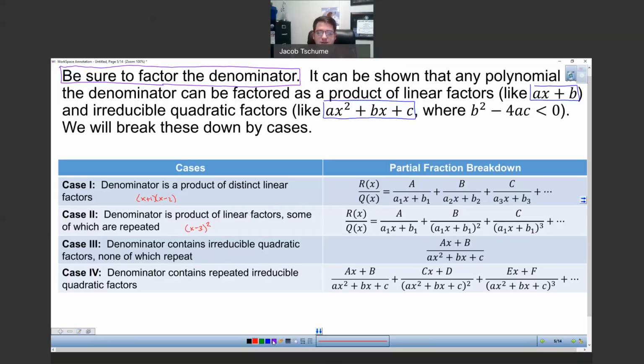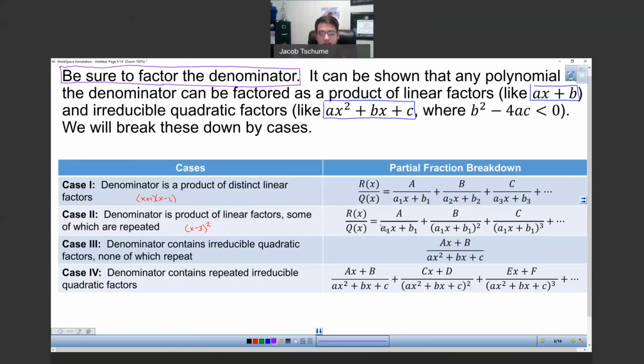Now, the only difference you will have to worry about here is that if it's repeated, you have to include every term starting at 1 up to the power of the repeated factor. So if it was a squared term, you would need 2 fractions to break that down. If, for example, it was an 8th power, which we will not do, you would have to do 8 fractions to break that down. That's kind of the idea.